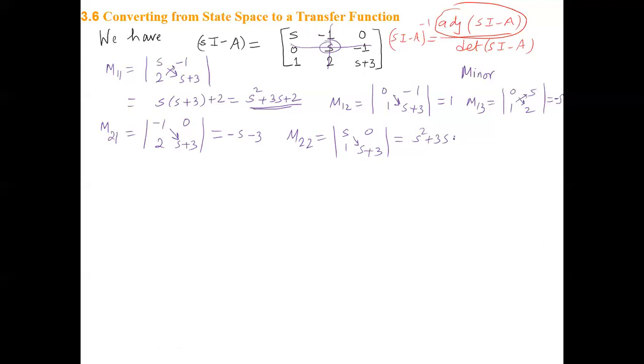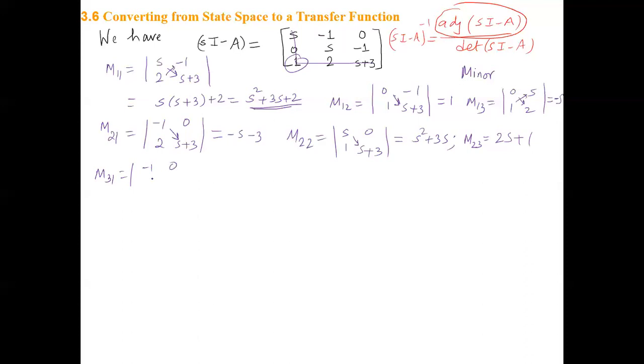So how about the other one? This guy is M23. What is M23? This is done. Now you are left with 2S plus 1. Can I simply write 2S plus 1 here? Okay. Then similarly, what is the minor of this guy? M31. So you have this guy here.